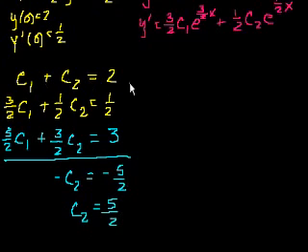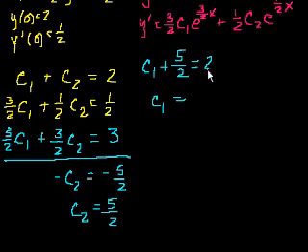Now we can substitute back into this top equation. c1 plus 5/2 is equal to 2, or c1 is equal to 2, which is the same thing as 4/2 minus 5/2, which is equal to minus 1/2.